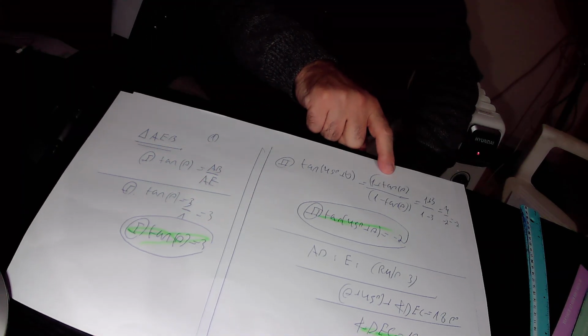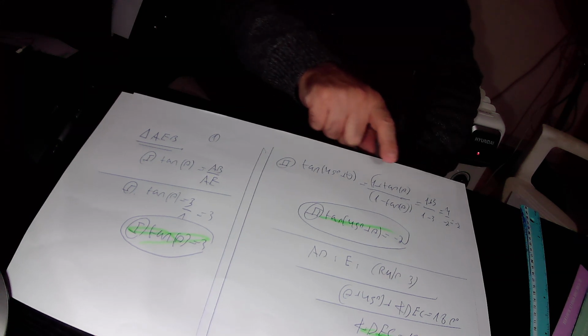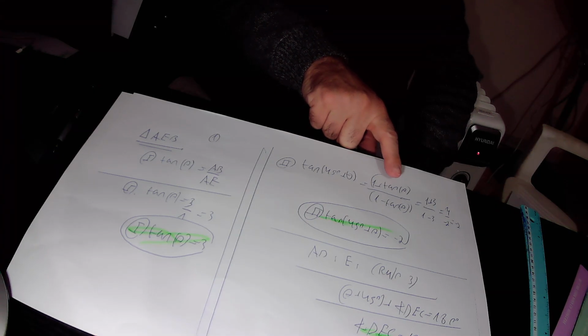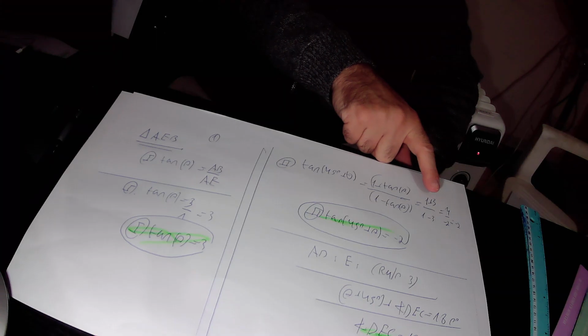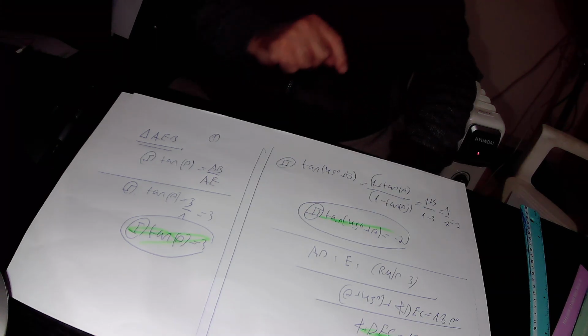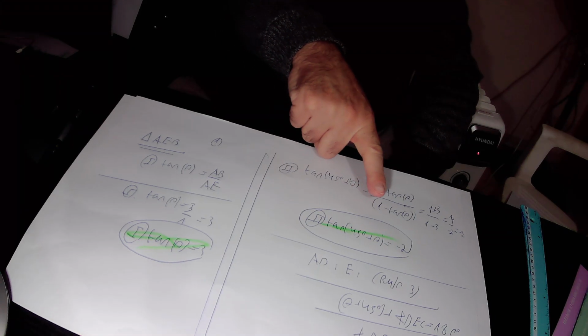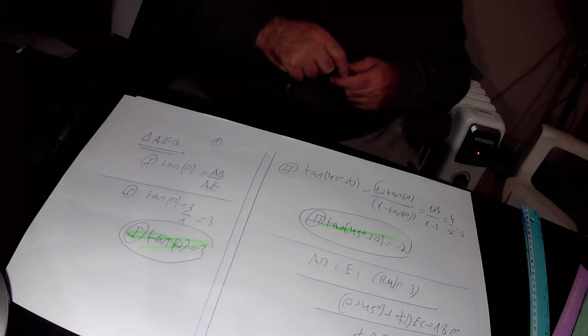So we substitute tangent theta by 3, so it is 1 plus 3 over 1 minus 3. 1 plus 3 is 4 over 1 minus 3 is minus 2, so 4 over minus 2 is minus 2. So we found out that according to equation 2, tangent of 45 degrees plus theta equals minus 2. But according to equation 1, tangent theta equals 3.